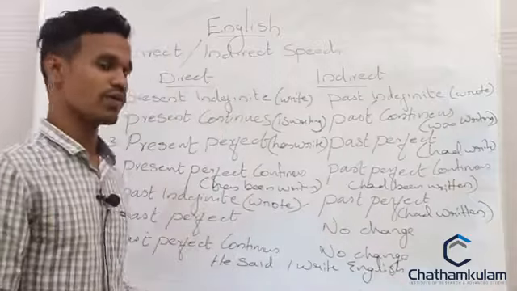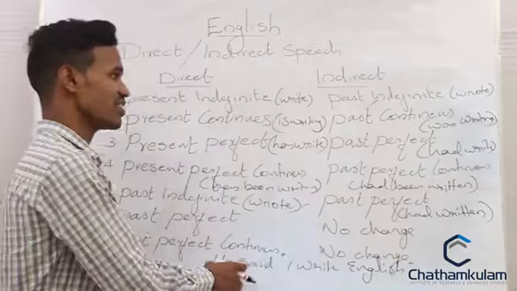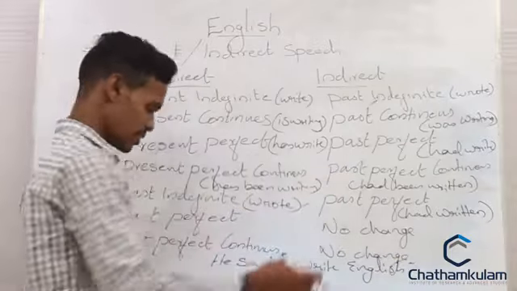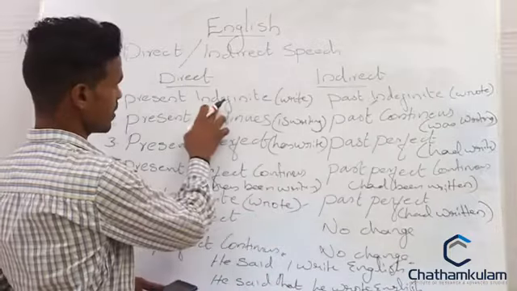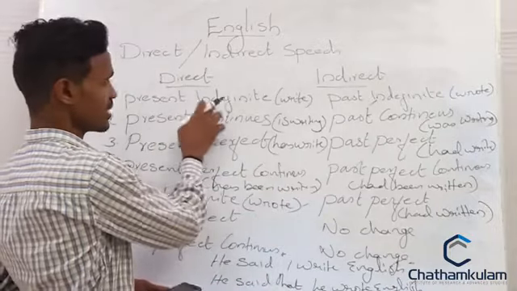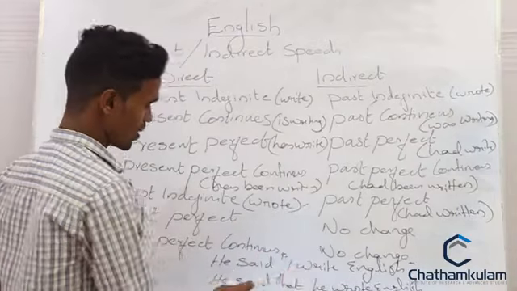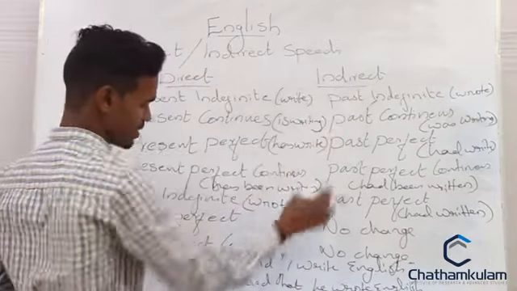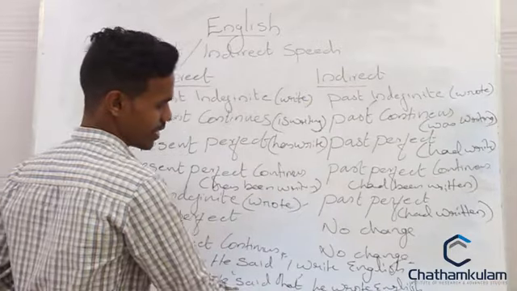So can you guess what changes will affect it once it is changed into indirect speech? It will be changed into "he said that". In present indefinite, he said, "I write English." So in the indirect sense, it will be changed into "he said that he wrote English."